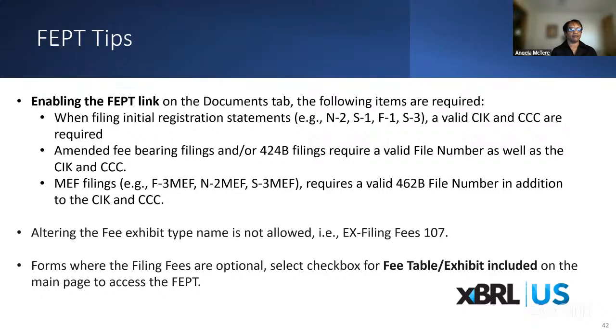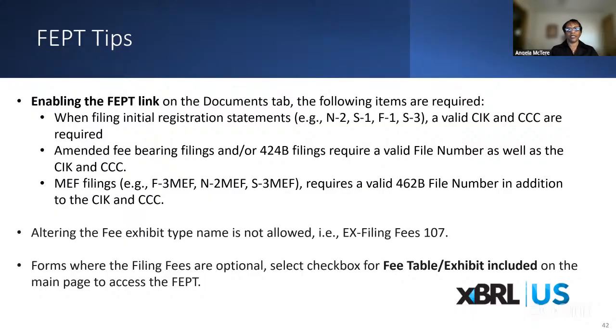Altering the fee exhibit name is not allowed. We know that at times when attaching your exhibit, for an Exhibit 99, you'll name it 99.1. For the filing fee exhibit, the standard name is EX-FILING FEES. You cannot add 107 to that name.